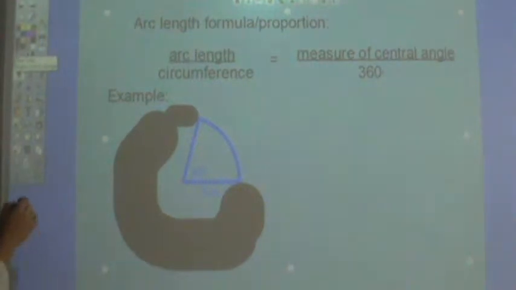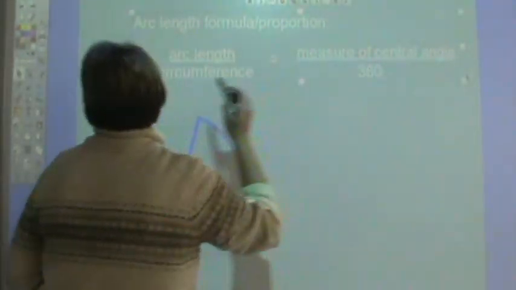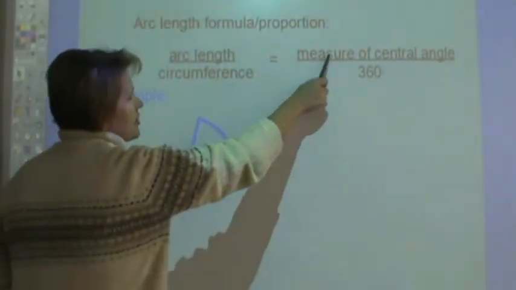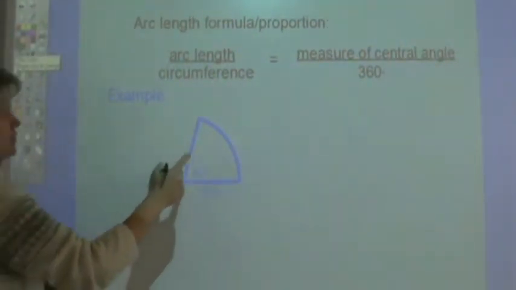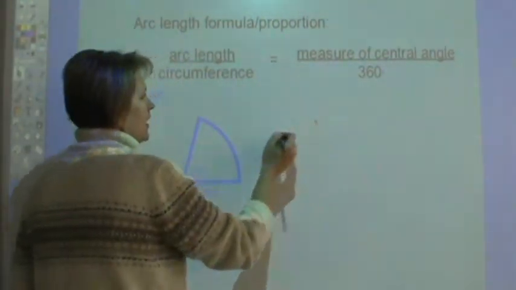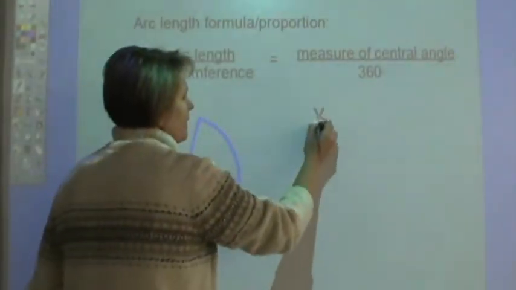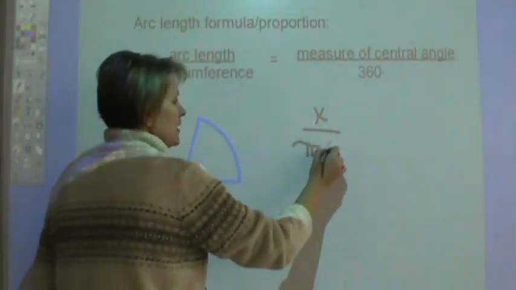There's a formula for it. The arc length formula proportion is the arc length over the circumference equals the measure of the central angle over 360. So if we were to write our proportion for this one, our arc length is what we're trying to find. So arc length is our variable over the circumference, which would be pi times my diameter.